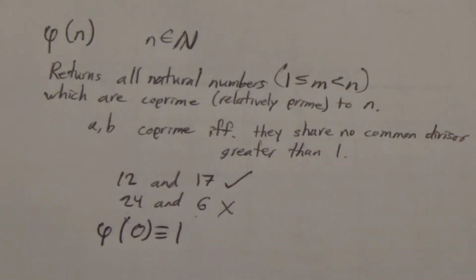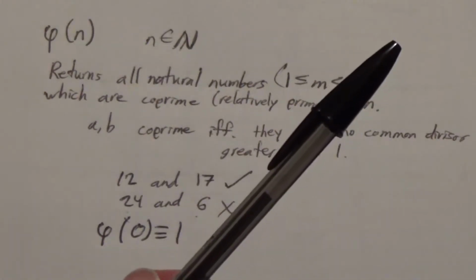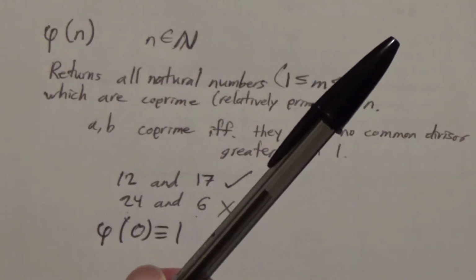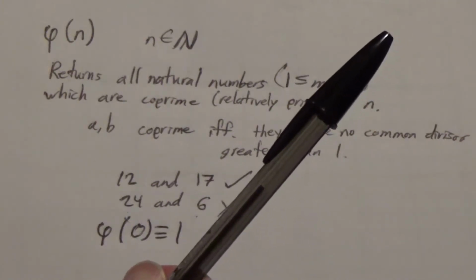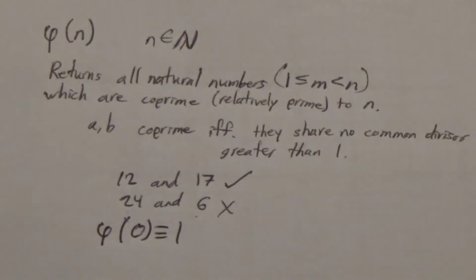There are several interesting properties of this function, and you can see them in a separate video, although I might not have it up for a while, so please bear with me. I'm going to work on that video eventually. For now, we'll go over some of the properties relevant to Euler's totient theorem.